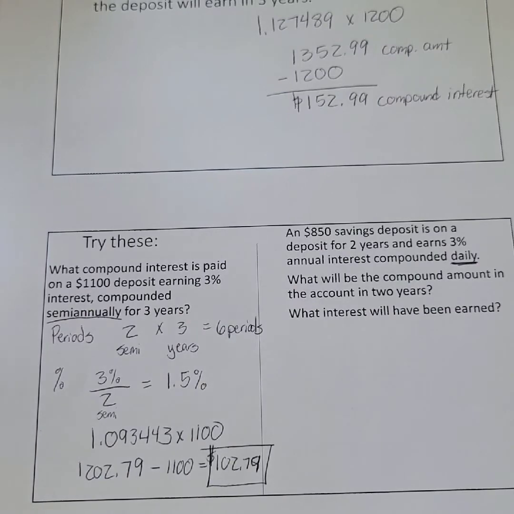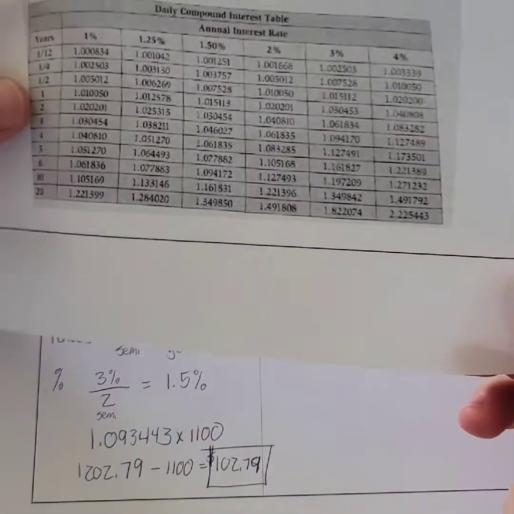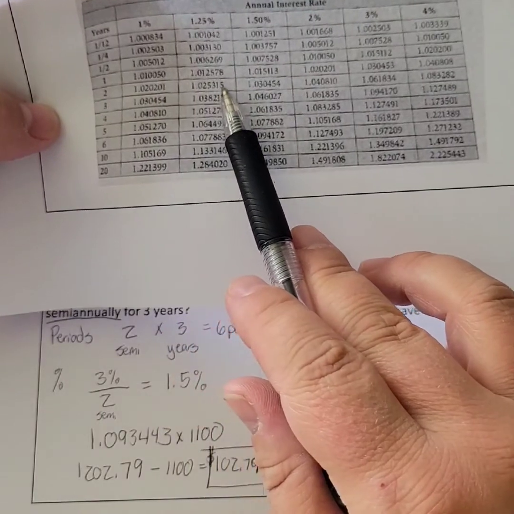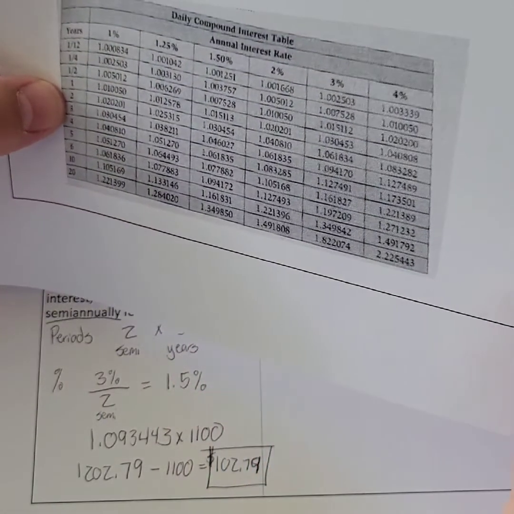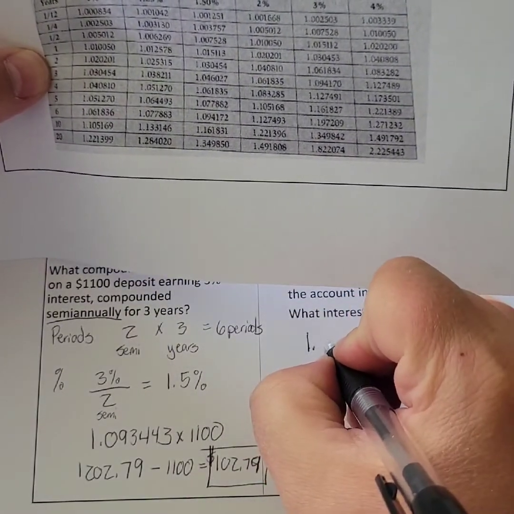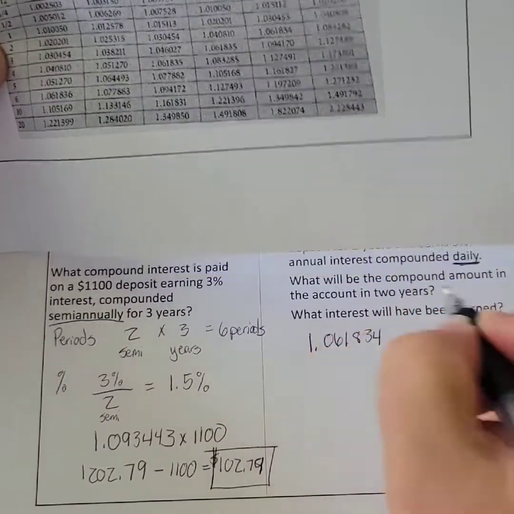So we want 2 years and we want 3%. So I've got 1.061834.